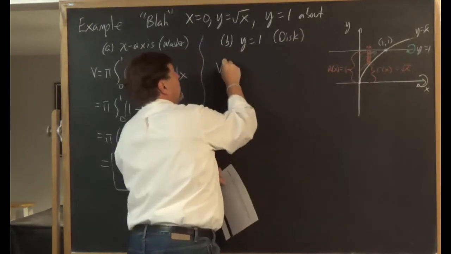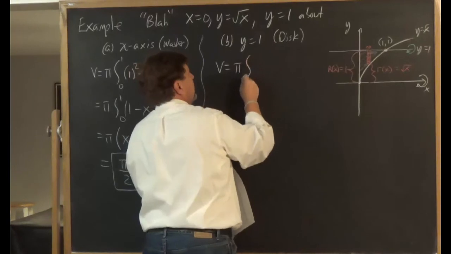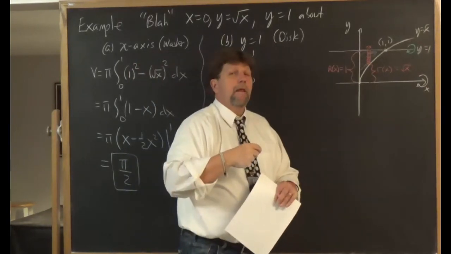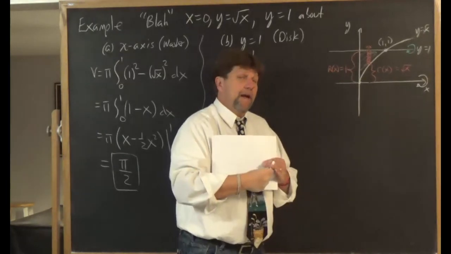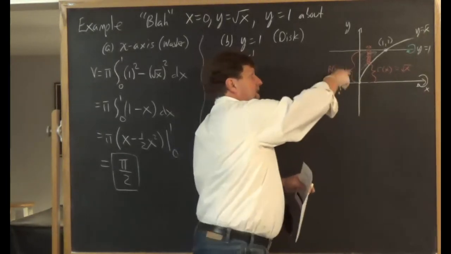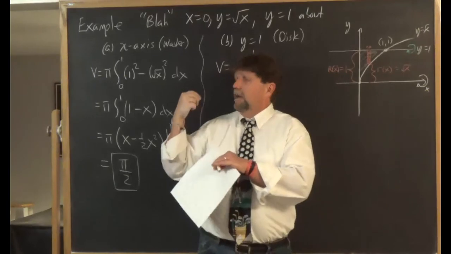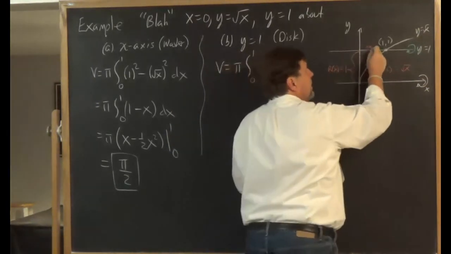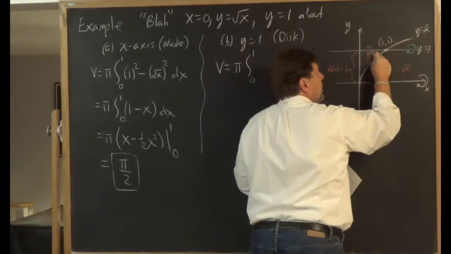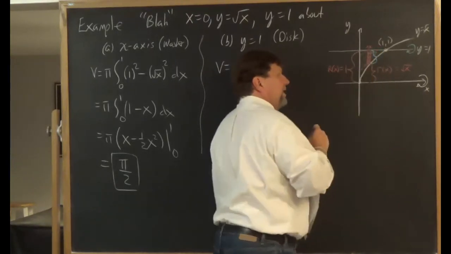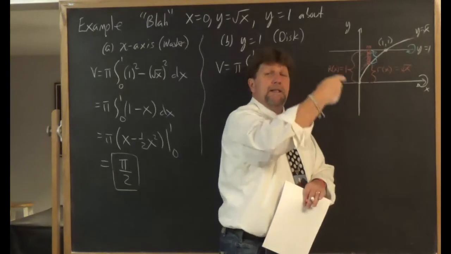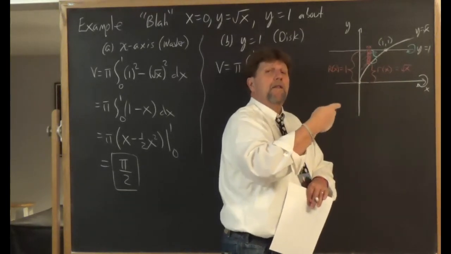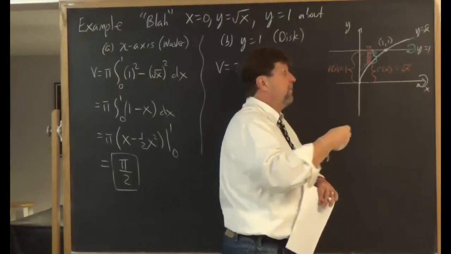So I know the volume is pi, integral 0 to 1, r of x squared. But now, r of x is not this r of x that we did in part A, using the washer method. For part B, that's the radius of that one disk that would be produced when that one rectangle is revolved around the line y equals 1.